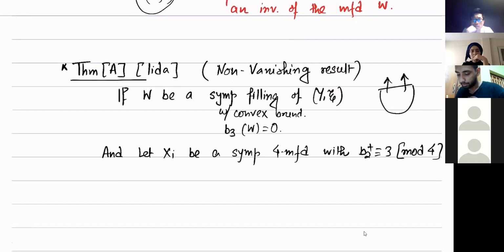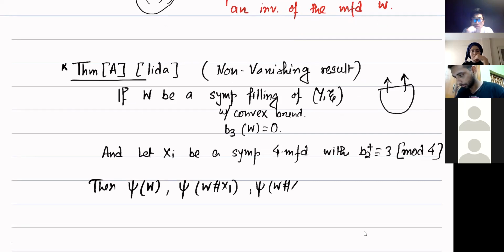Then psi of W, psi of W connected sum X1, psi of W connected sum X1 connected sum X2, psi of W connected sum X1 connected sum X2 connected sum X3 are non-vanishing.